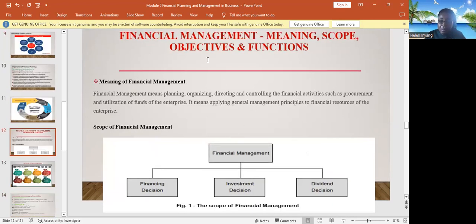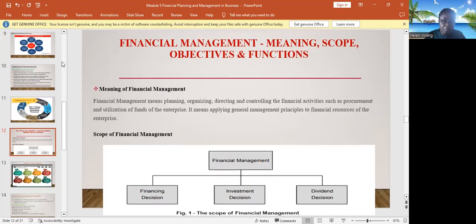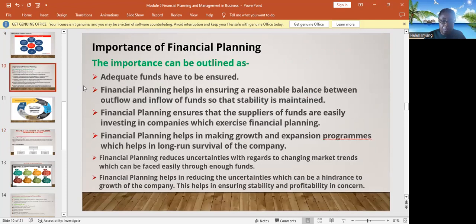Then the next thing we are going to talk about here is the importance of financial planning. The importance are, as outlined here: adequate funds have to be ensured.